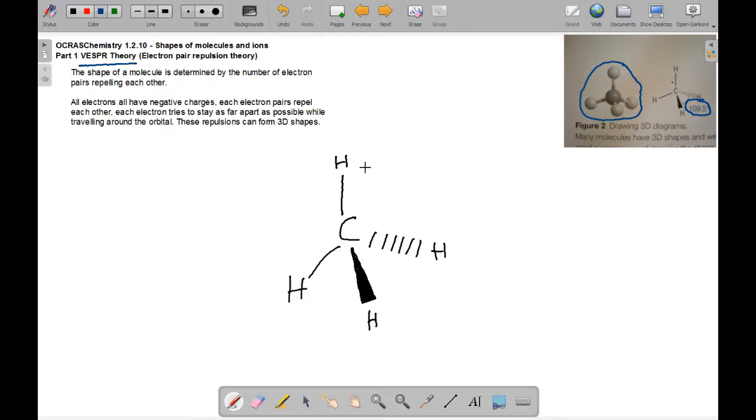It's not going away from you or coming towards you. It's literally as drawn 2D on the paper, and this is representative. It's actually away from you, and this one is behind. It's repelling the one that's away.